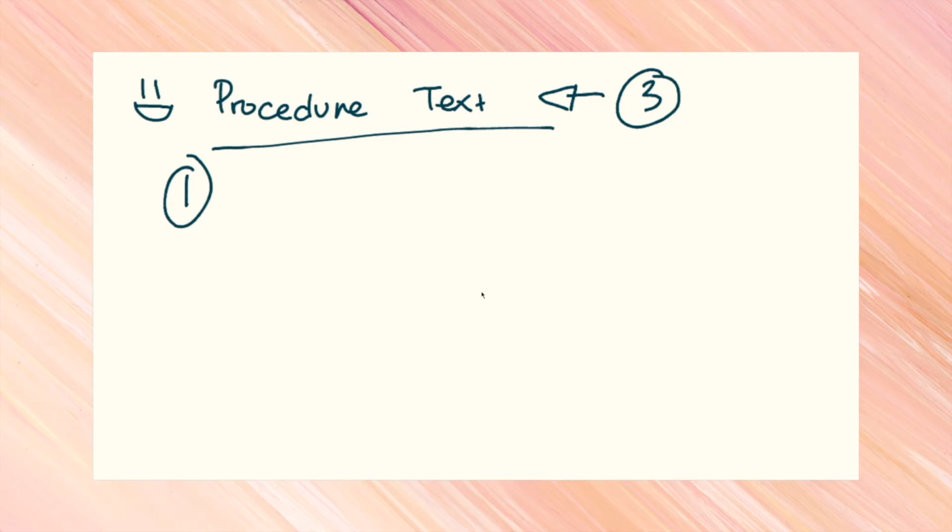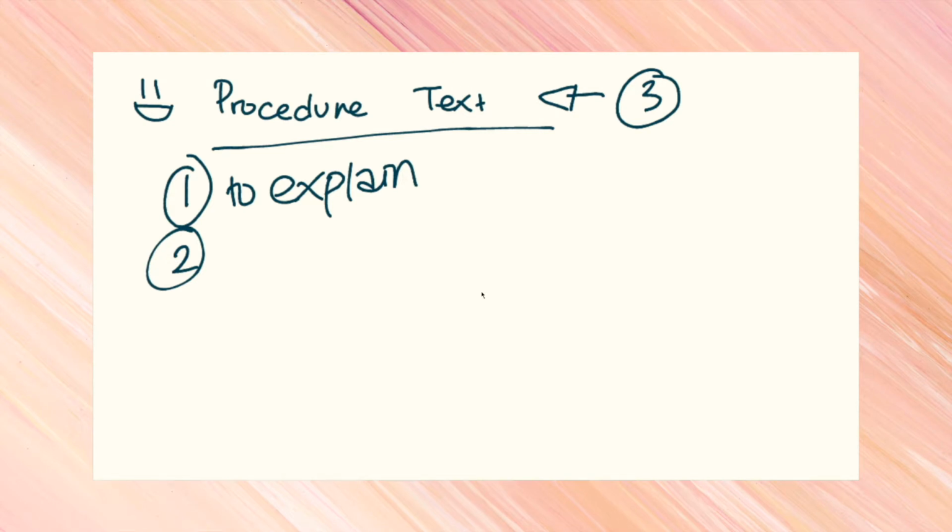So first is to explain. Second, tasks that instruct how to do a particular activity, for example, recipes, rules for games, science experiments, road safety rules, and etc. So the second means to instruct.